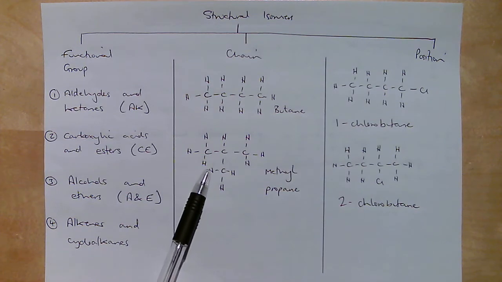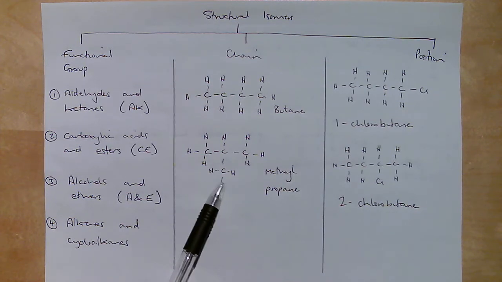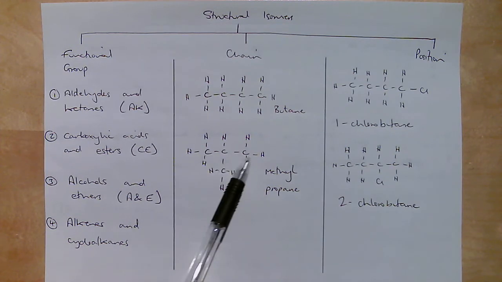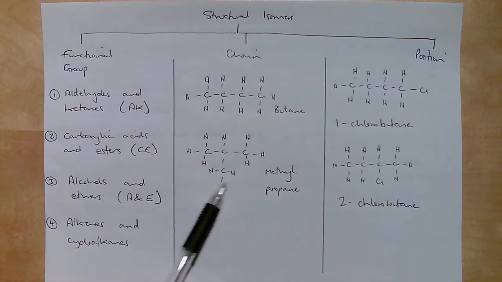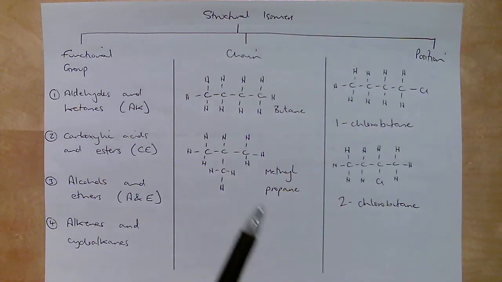I'm going to change that chain now to make a chain isomer. My chain isomer of butane would be methylpropane. Again, molecular formulae C4H10, but you can see it's got a different structure. So these two have the same molecular formulae but a different structural form.